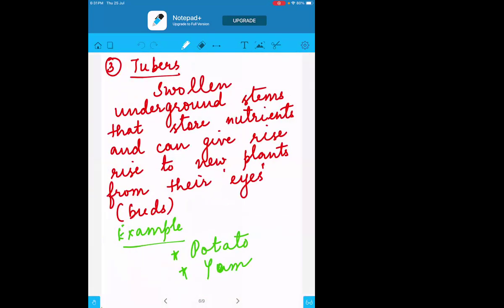I'll show you the pictures first of all, because pictures will give you more clarification, and it becomes easy for you to write in the exam by looking at the picture.